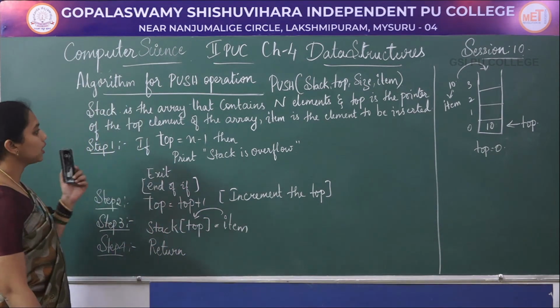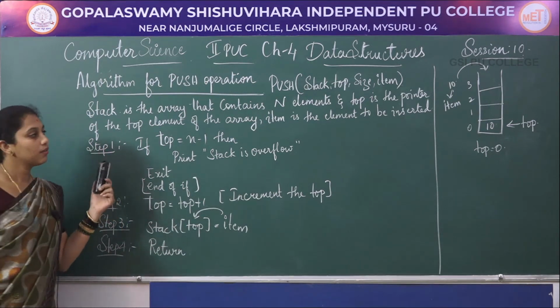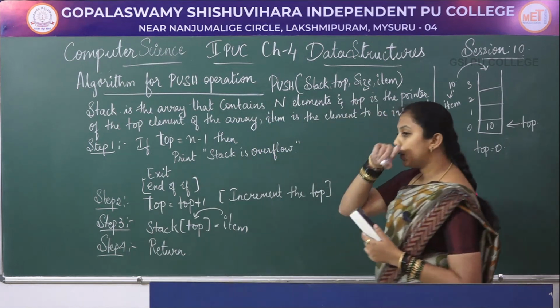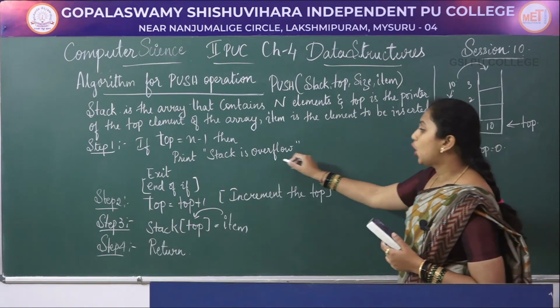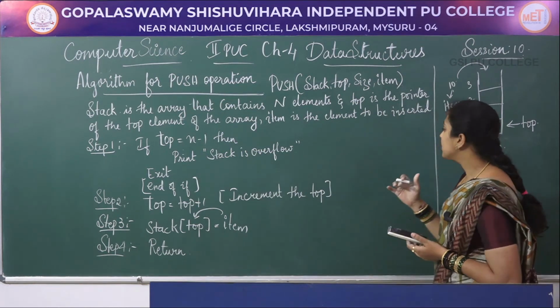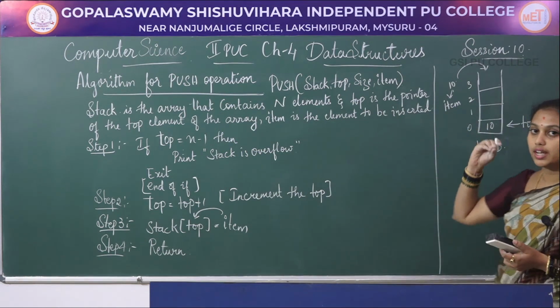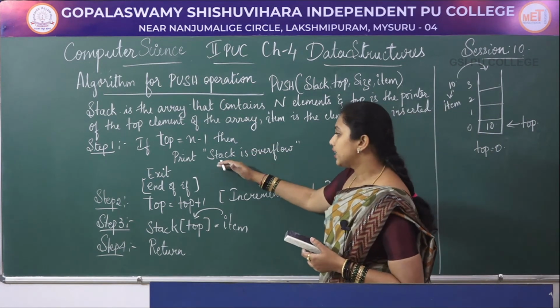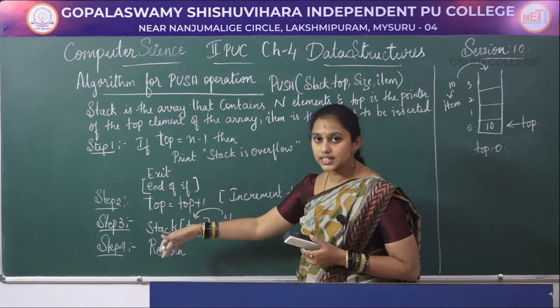So while performing the push operation, what we have to do? First we have to check for the overflow condition. If top is equal to n minus 1, that is, if the stack is full, we cannot insert an item into the stack. So in that case we are exiting.